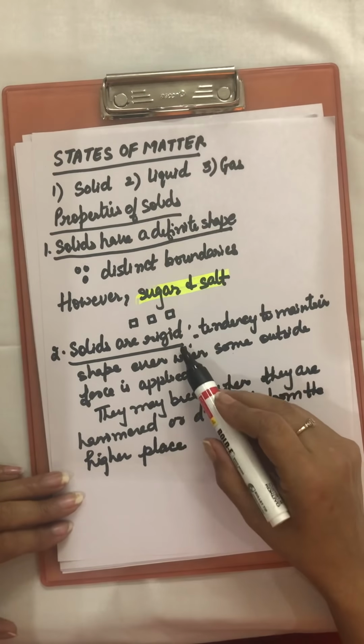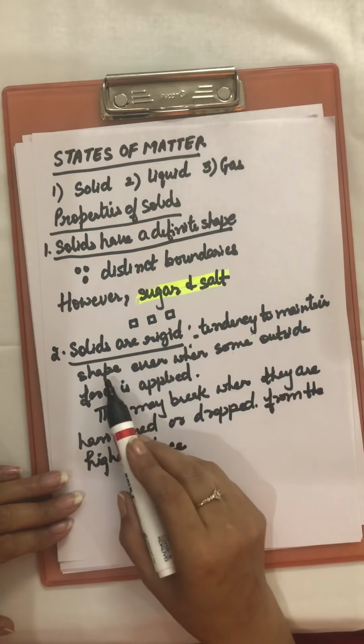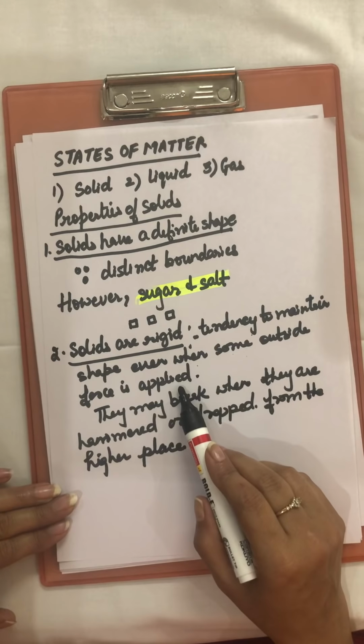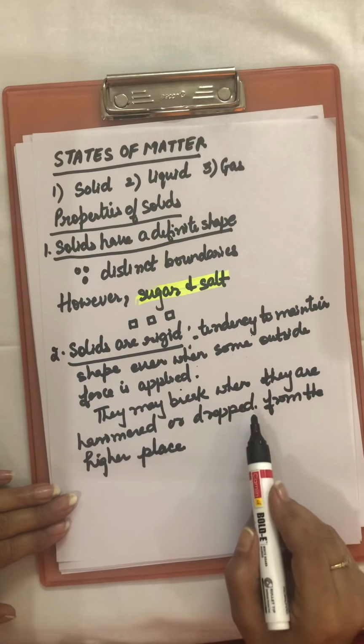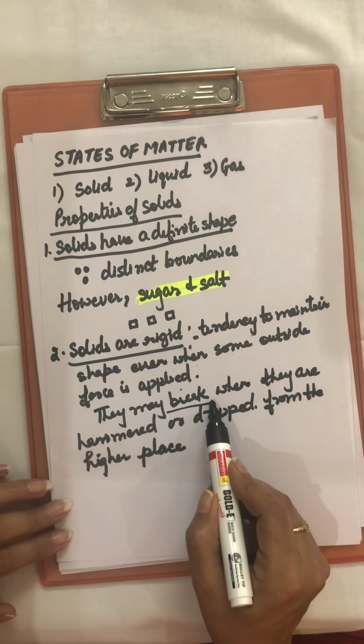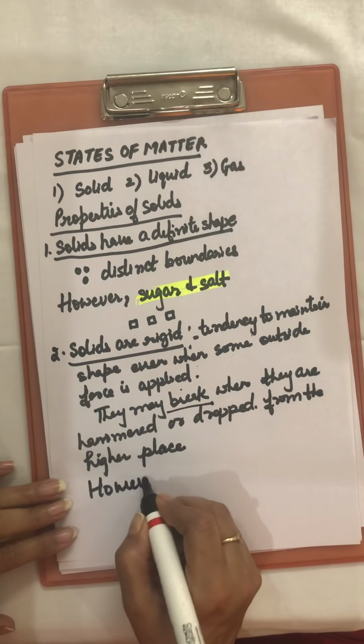So solids are rigid. That means they have a tendency to maintain their shape even when some outside force is applied. But sometimes when they are hammered or dropped from a higher place, they can break. However, exceptions we have here also.